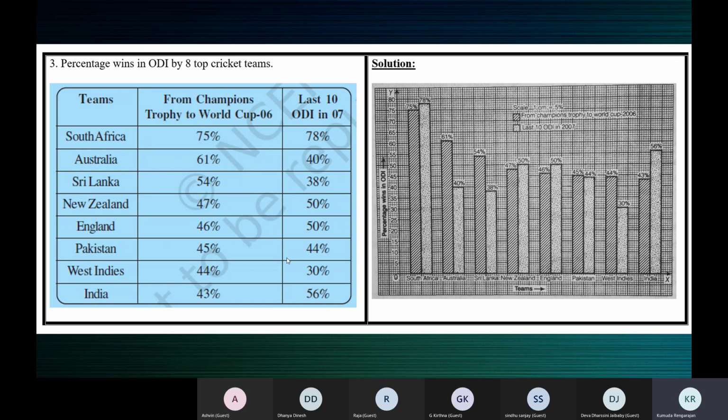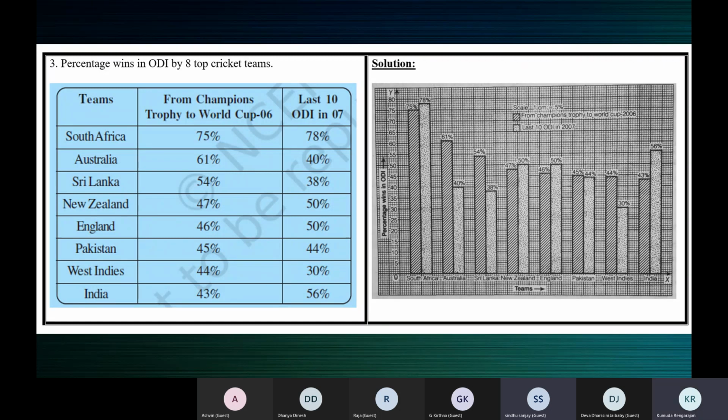So here you can see, have a look at the numbers first. See the range of the numbers. Which is the smallest value here? Ma'am, 30. Yeah?